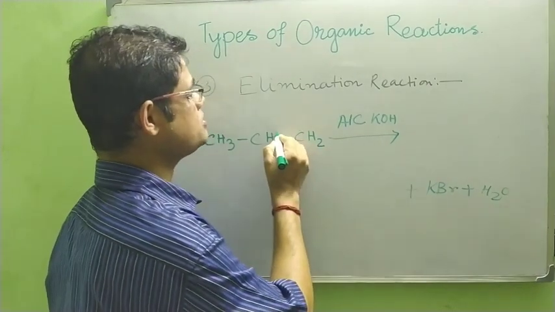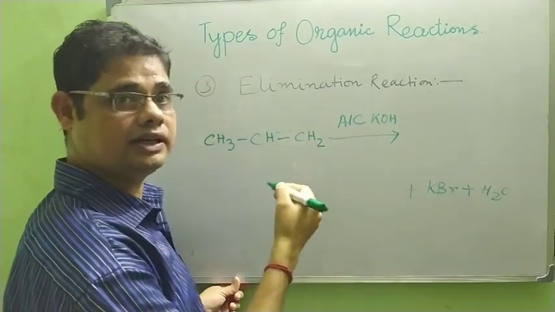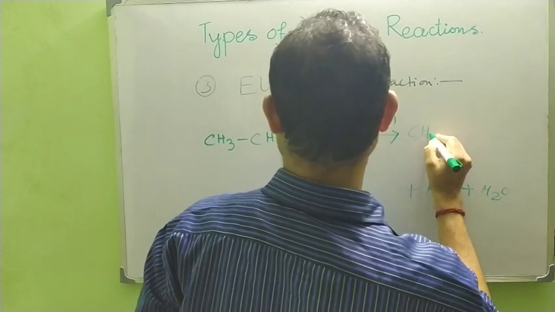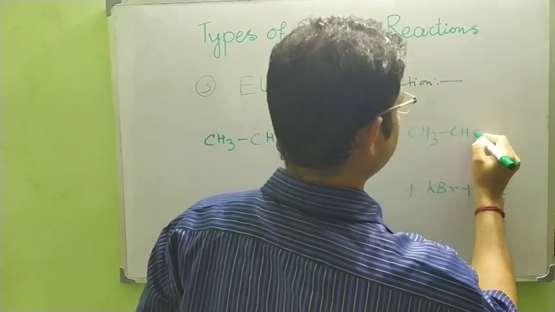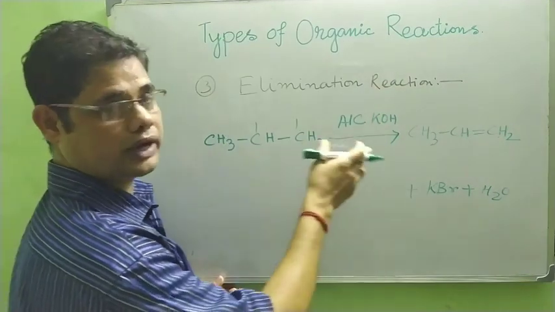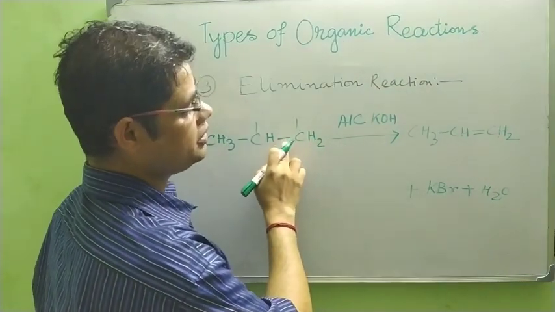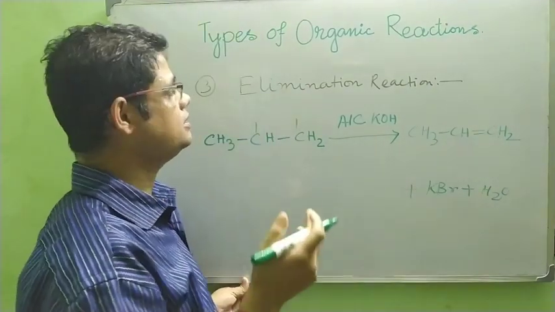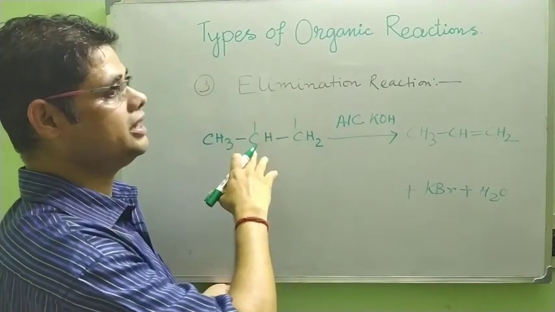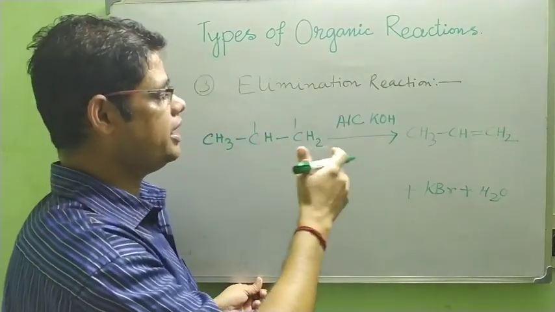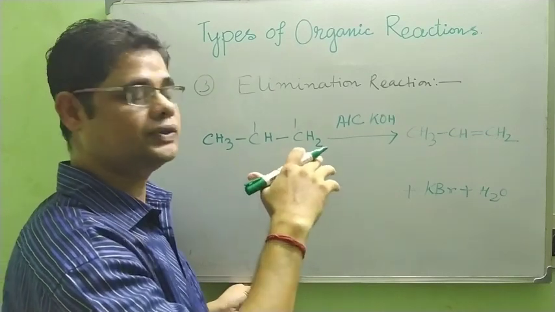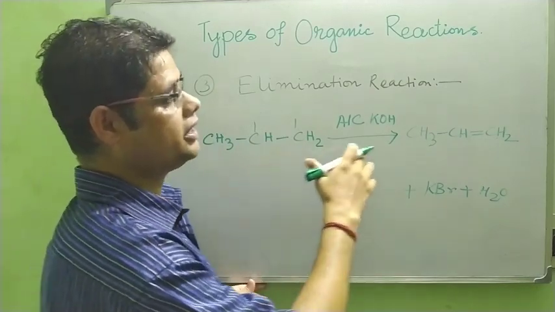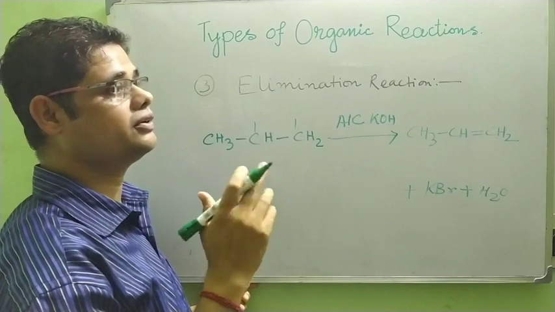So these two carbons form a pi bond to satisfy their valency. So here we get CH3, CH double bond CH2. Now look at that. This single bond converted into this double bond. So do remember that in an elimination reaction, a single bond is converted to a double bond and a double bond is converted to a triple bond.